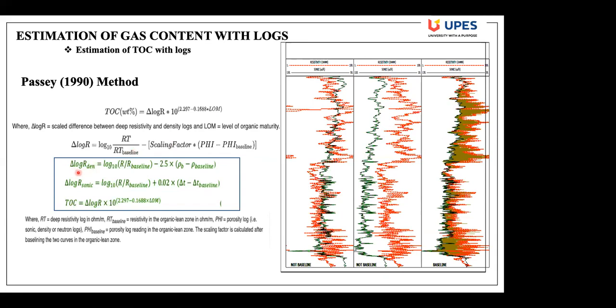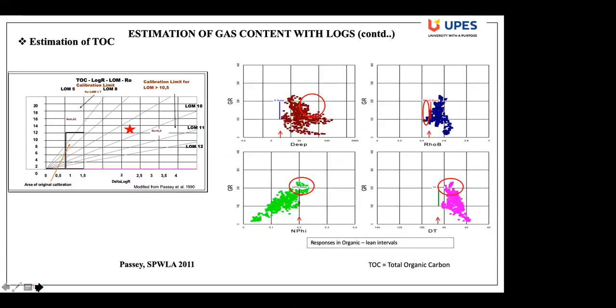Then the log R density you can find using this equation. Using these equations, you can find the log R value, then put log R in the first equation, and you will get the total organic carbon content. Here the first graph is showing how to find the level of maturity.